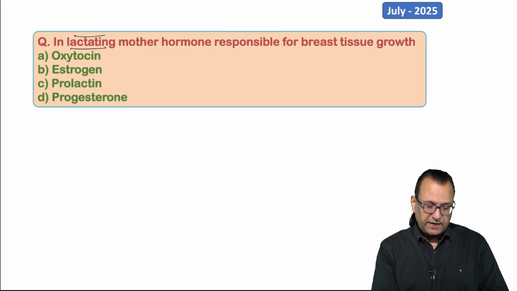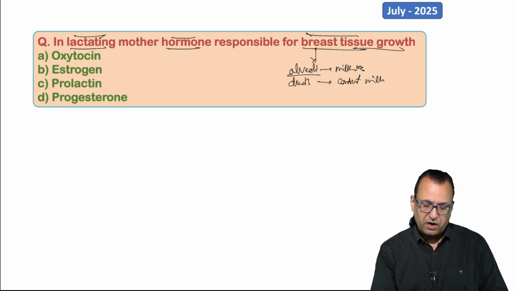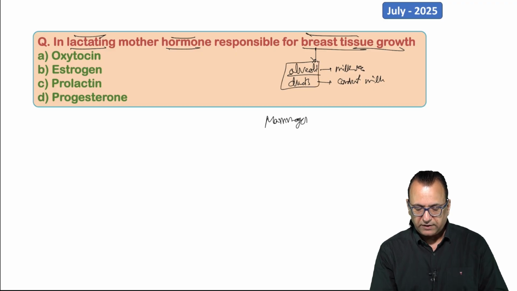There comes a question: lactating mother, hormone responsible for breast tissue growth. Breast tissue means you can talk about the alveoli, which are for milk secretion, or you may be talking about the ducts, which conduct the milk to the nipple. So if you are looking at mammogenesis, means the development of the mammary gland, of course you will have to talk about a lot of hormones like estrogen.